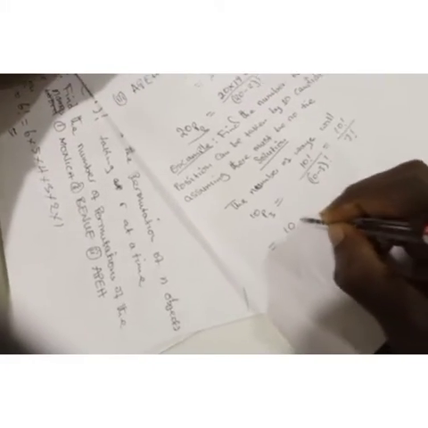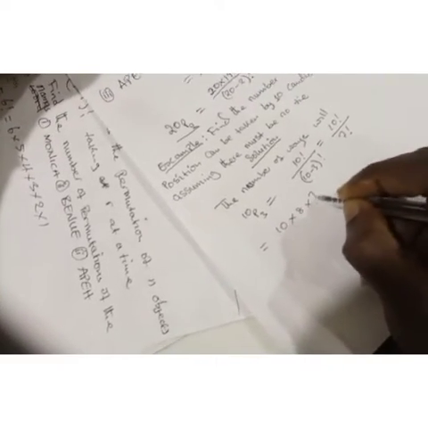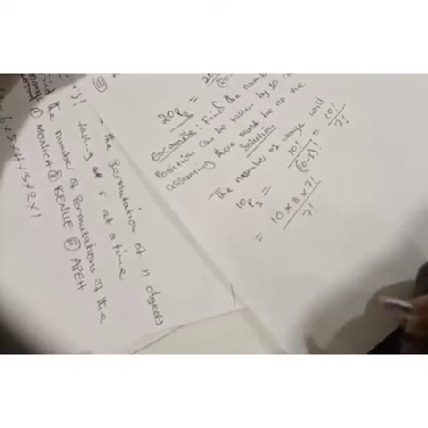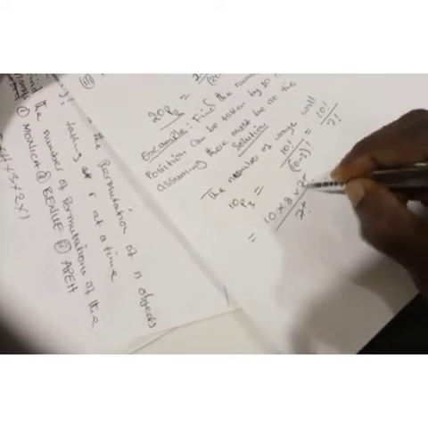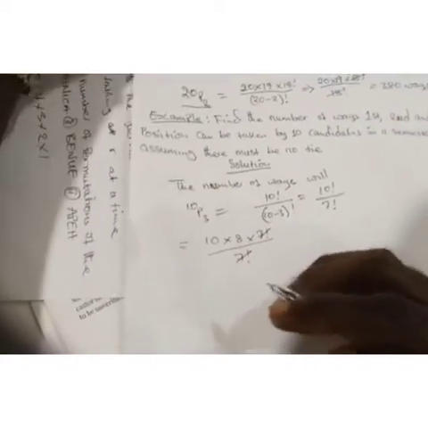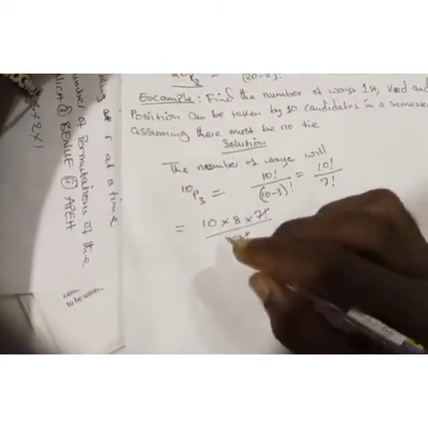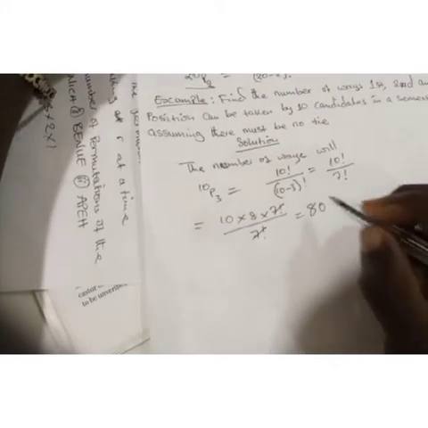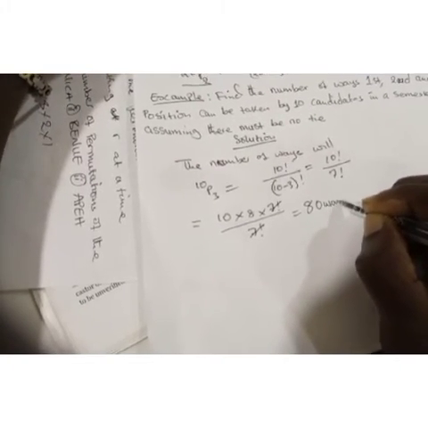That equals 10 times 9 times 8 times 7 factorial over 7 factorial. This 7 factorial cancels this 7 factorial. So there is a mistake here, let me correct it: 10 times 9 times 8 is not 80, it is 720. So it is 720 ways.